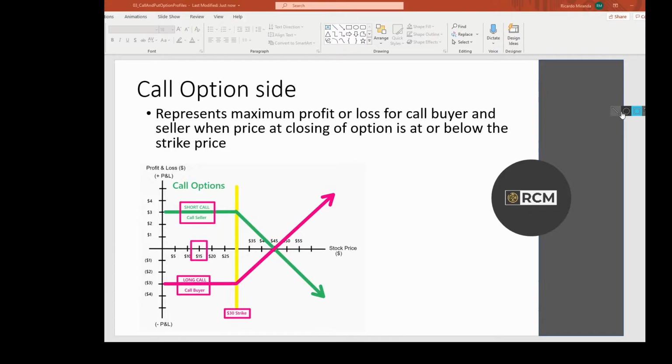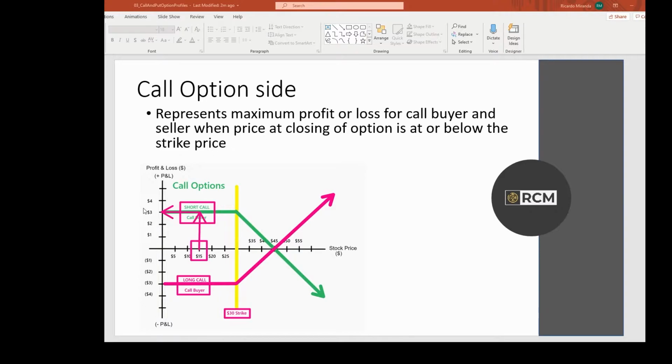If we draw a line from the market price to the short call seller's profile, and then trace that to the horizontal profit and loss line, the short call seller is essentially at a $3 profit.